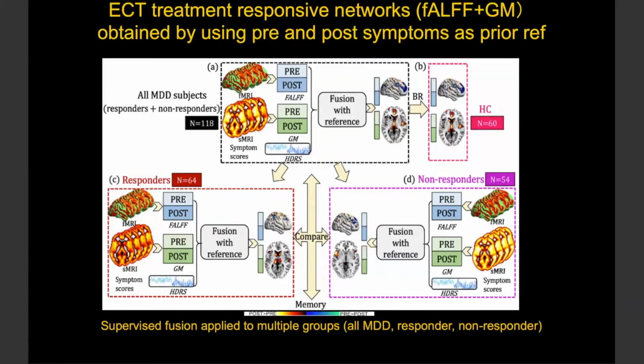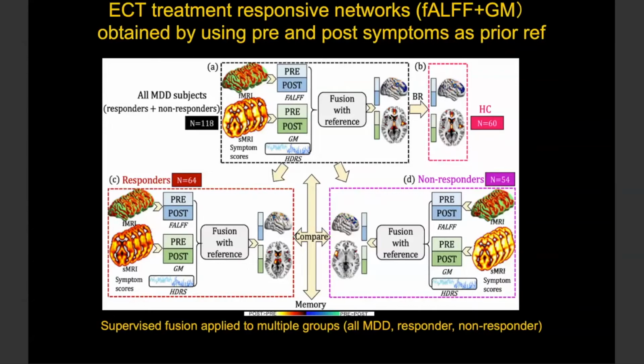What we're doing is essentially MCCA plus joint ICA, but adding a symptom constraint, basically the depression scale that was used. So we're only looking at this one component that comes out that is correlated with this depression scale. So the decomposition was influenced by that depression scale.